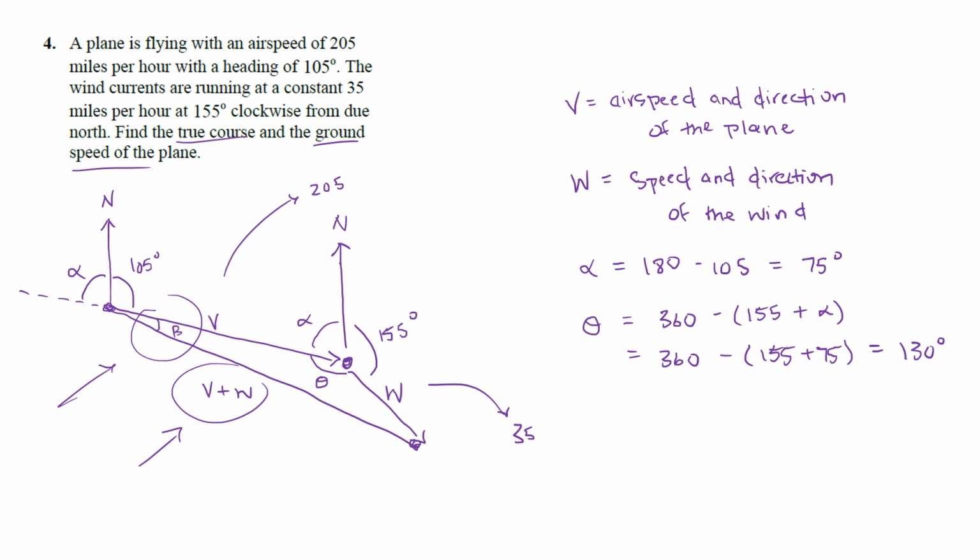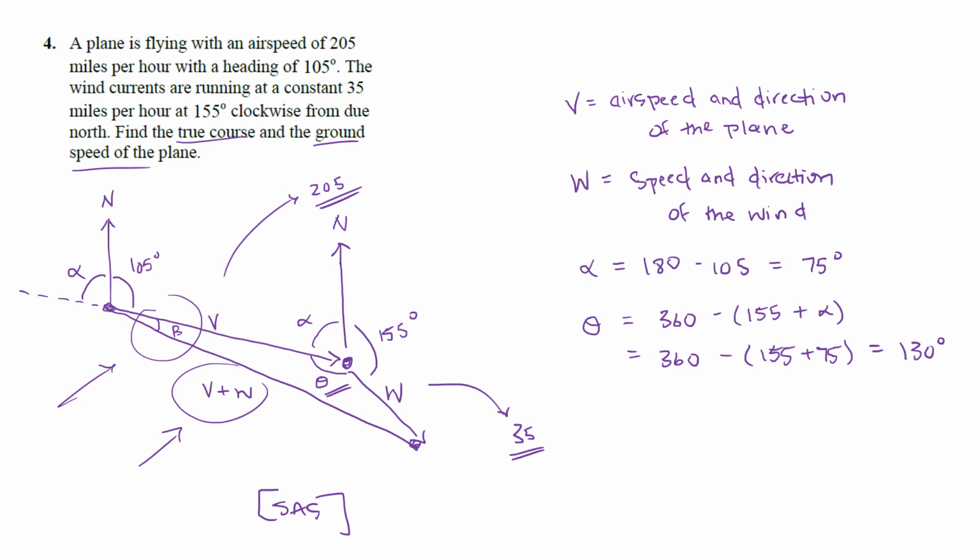Okay, so we can utilize our law of cosines and law of sines to help us. Since we know side, angle, side, we can use that to help us find our missing angle and missing side, v plus w.